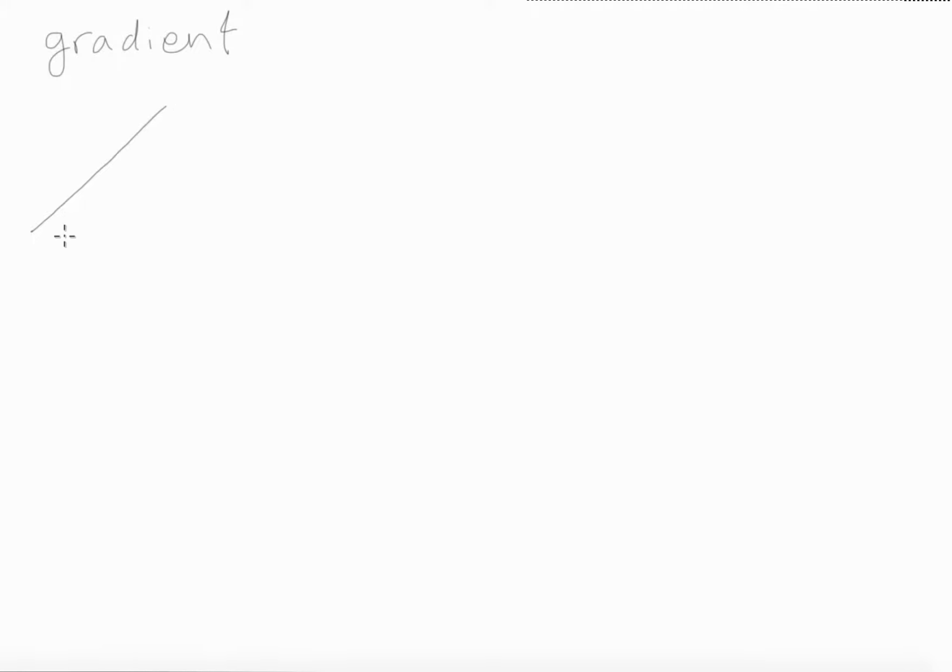The gradient of this straight line is defined as how much it's gone up, which we call its rise, versus how much it's run. So the gradient here, which we call m, is defined as the rise over run.